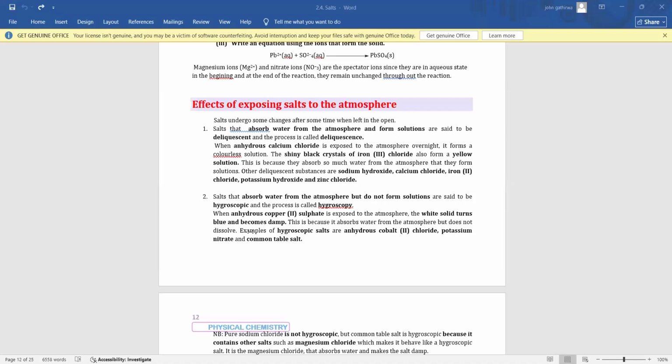Bubble excess carbon dioxide to obtain sodium hydrogen carbonate solution.